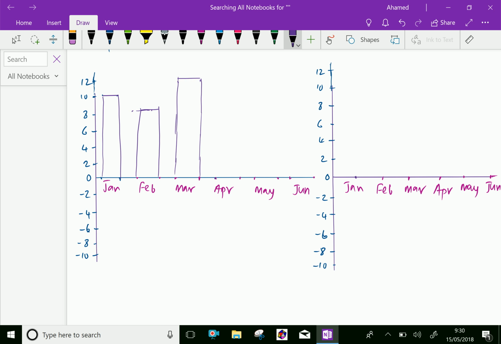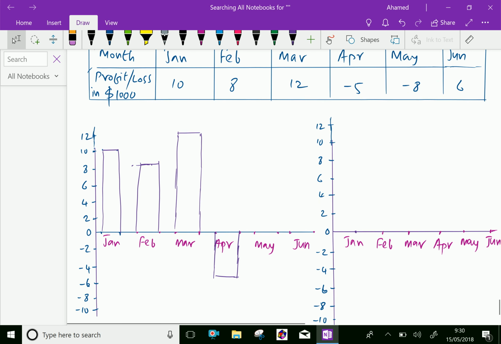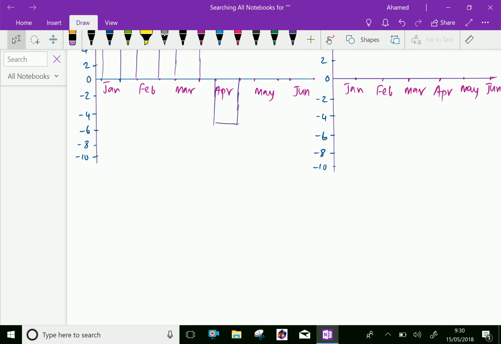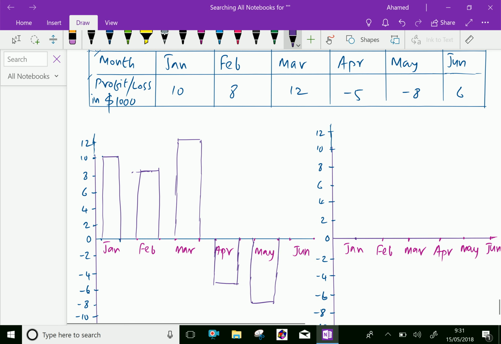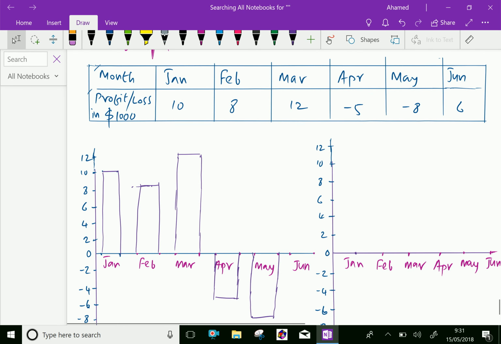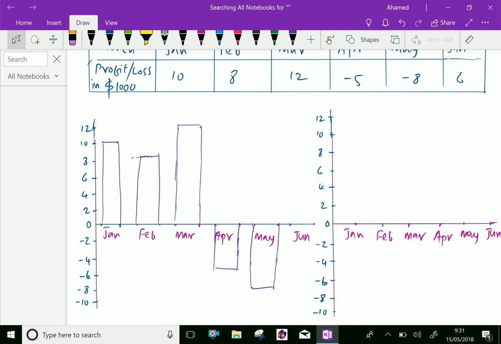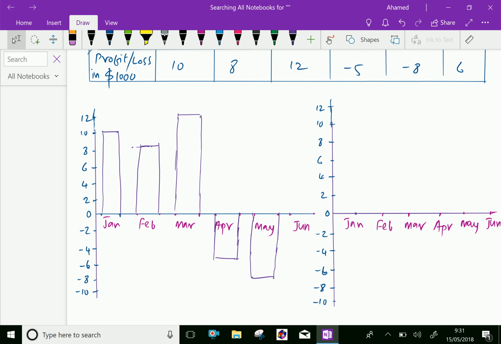Here this is -5. May is -8 for this year. And June is 6. These are approximate values.